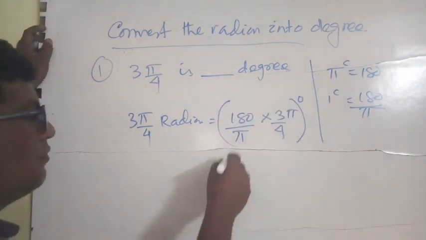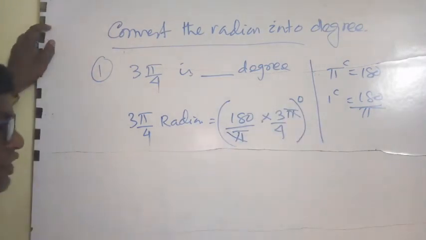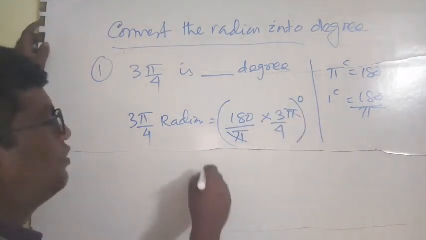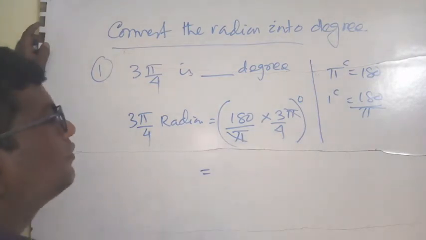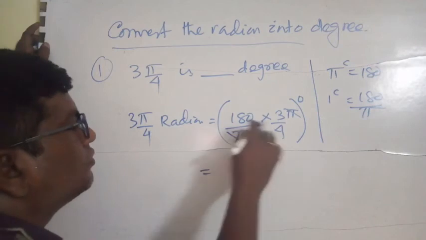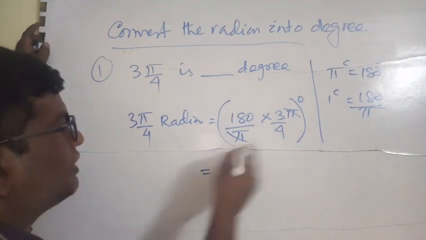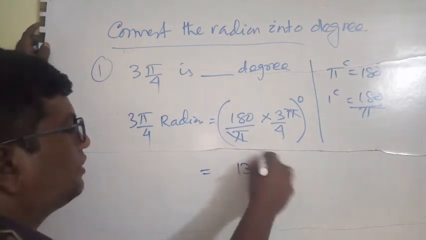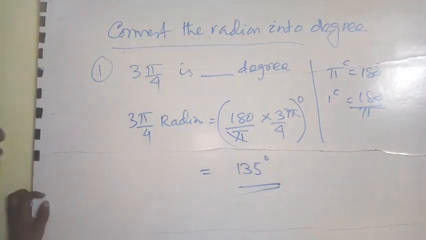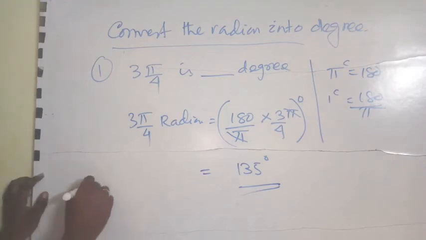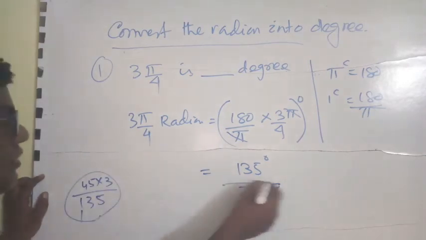So pi cancels, 4 into 45 is 180, and we get 135 degree. 3 pi by 4 is equal to 135 degree, that is 45 into 3. Right answer.